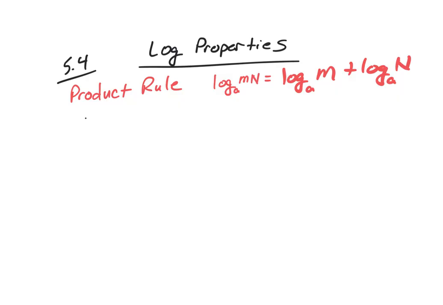A product. When I multiply two things together, the result is a product. And what we're going to do is separate them. Okay, and in order to separate them, they have to be the same base. And if they're the same base, okay, then we just take the two numbers that were multiplied together and put each with the log.